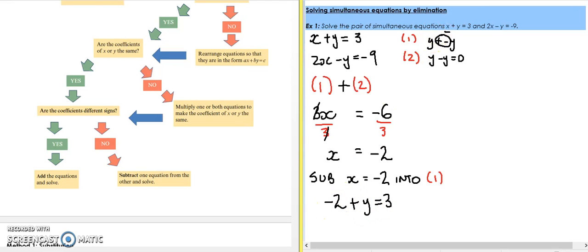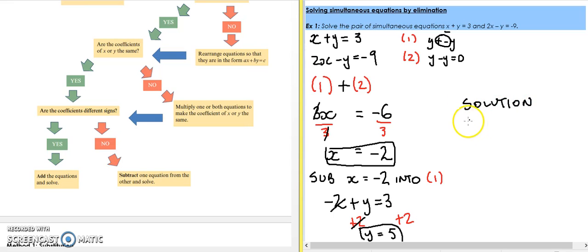We have a negative 2, so we're going to do the opposite, which is plus 2, plus 2. What I do to the left, I do to the right. So we're left with y is equal to 5. And that will be the y coordinate, and that would be the x coordinate. So my solution is negative 2 and 5.